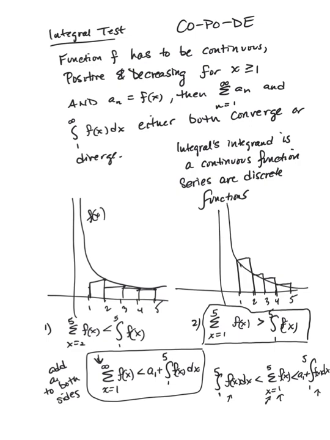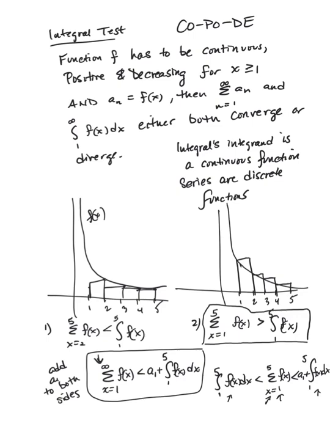Okay, the integral's integrand is a continuous function, and series are discrete functions. So I'm going to prove the integral test here. So on the left, I have the series.